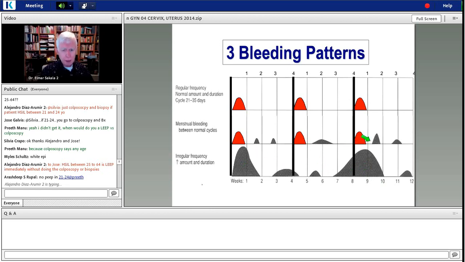This pattern here is associated with an anatomic lesion. It could be a cervical lesion, it could be a vaginal lesion, it could be an endometrial lesion. And when you read the history on the exam of a woman who is having bleeding problems, you've got to look for that. Is there cramping? Is there regularity? Is there irregularity?